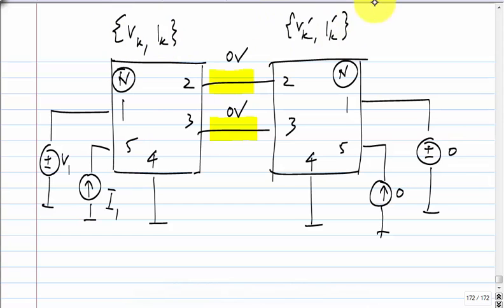They will not be the same as each other in this case, the excitation is not symmetric. And then you have 0 here and I1 V1 there. What will be the solutions? Because they are identical circuits, it is symmetrical, it will be Vk Ik on the right side and Vk hat Ik hat on the left side.